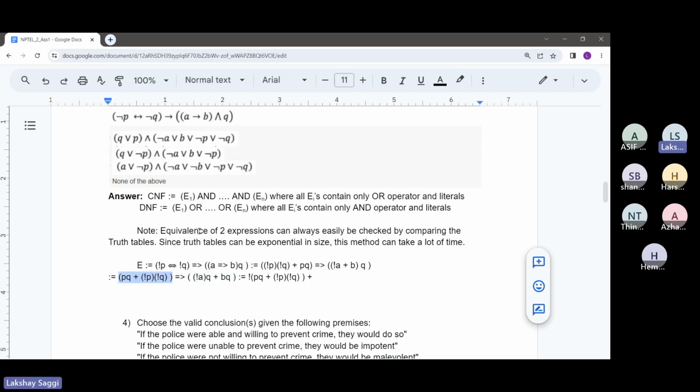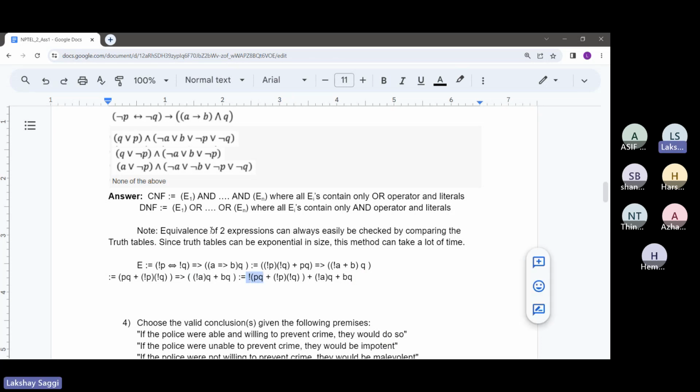So not of E1 is not of PQ plus not P times not Q, and E2 is this value, which I'll just copy and add here. Since addition is associative, I can remove these parentheses. So this is the expression I arrive at.